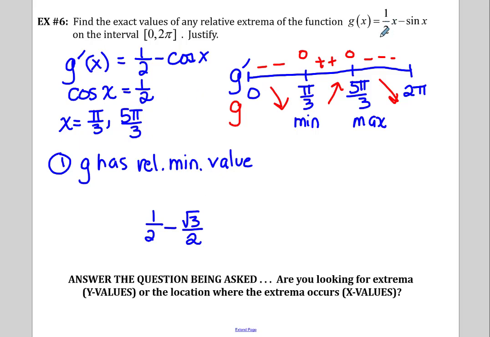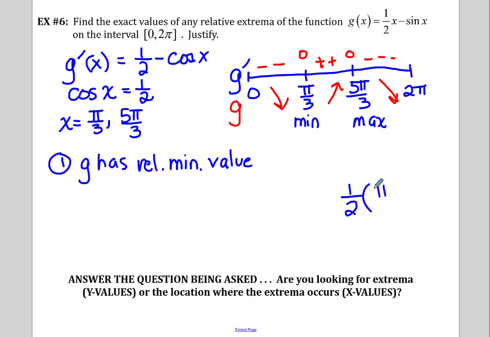Oh wait, we've got to plug it back in here. 1/2 times pi over 3, so that's pi over 6 minus the sine, messing myself up here. I need the y value on the G graph. The G graph is up here. Y'all don't let me mess up.